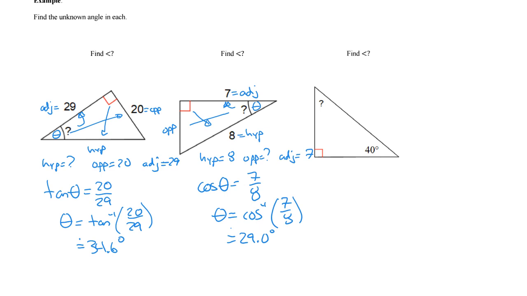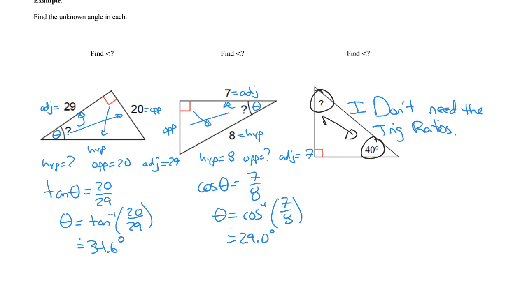Now, for this last one, I don't need the trig ratios here. I don't need them because I know that these two angles should add up to 90 degrees. Now, I know all the angles in the triangle add up to 180, but those two angles should add up to 90.